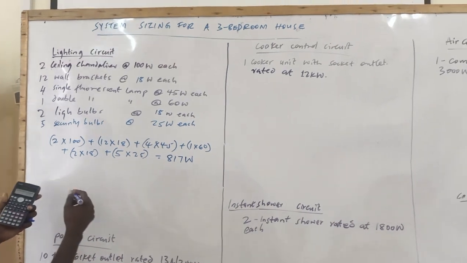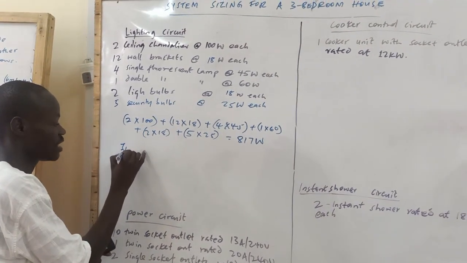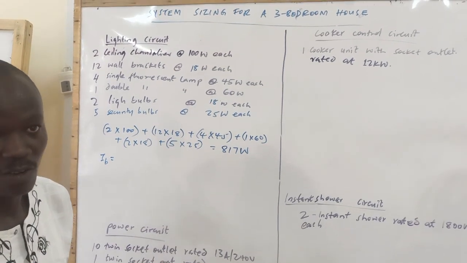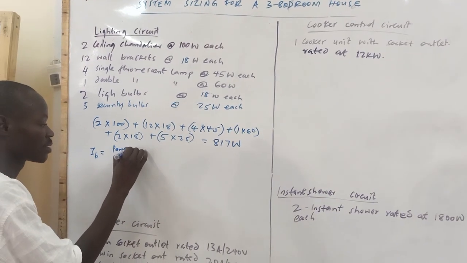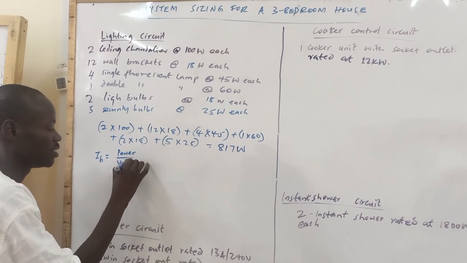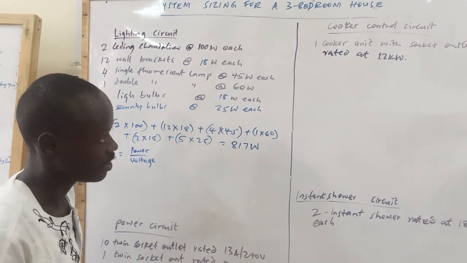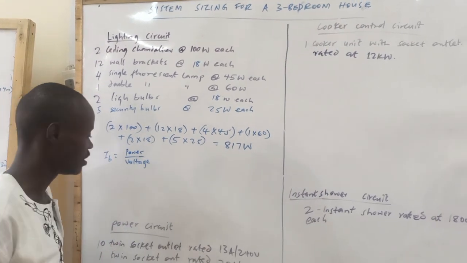So from this load estimate, we proceed to what we call the calculation of design current, IB. Design current IB is calculated directly from the Ohm's law approach. That will be power over voltage. And even if you're using appliances that have a power factor, in that case you have also to say voltage times power factor.